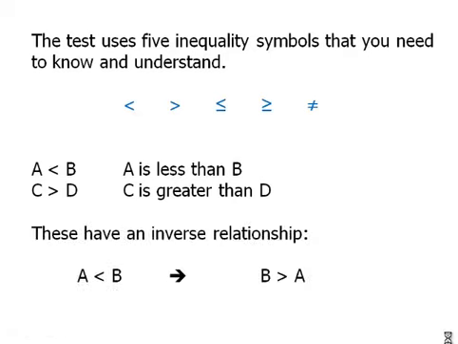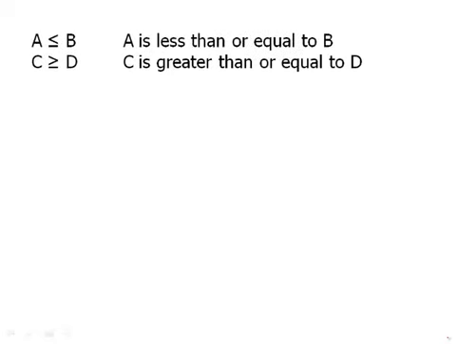Also notice that these first two have an inverse relationship. In other words, if A is less than B, that necessarily means that B is greater than A. So we can just swap the order around and reverse the direction in which the inequality is pointing. Now, the less than or equal to and greater than or equal to symbols.